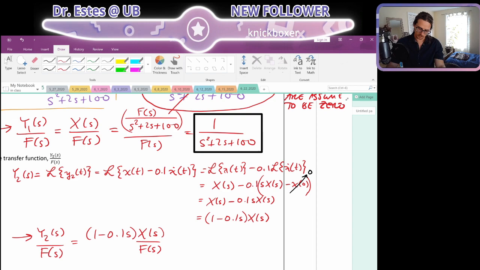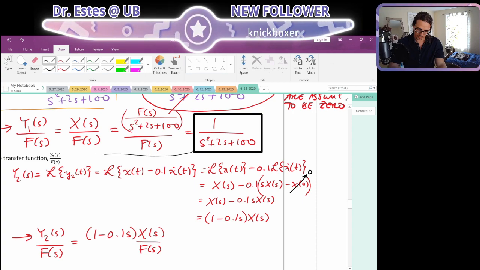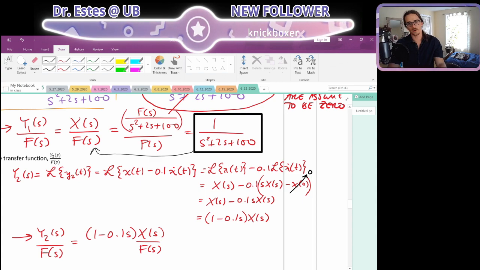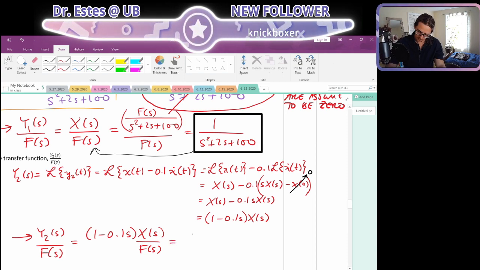And you know what? From this previous example, we know what x of s over f of s is. It's 1 over s squared plus 2s plus 100. So let's just make that substitution here.